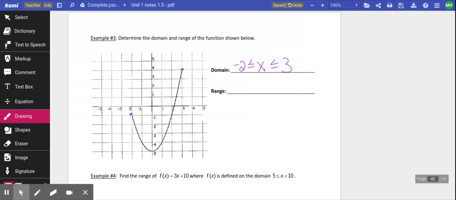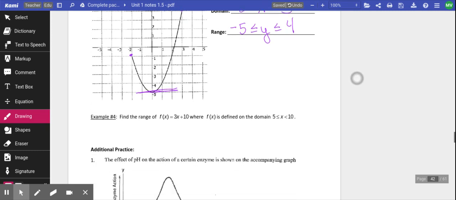And those are less than or equal to because those are closed circles. Our range, our smallest y value is -5, and our largest y value is 4. So range goes from -5 is less than or equal to y is less than or equal to 4. So the x is always the horizontal change, the y is the vertical change.